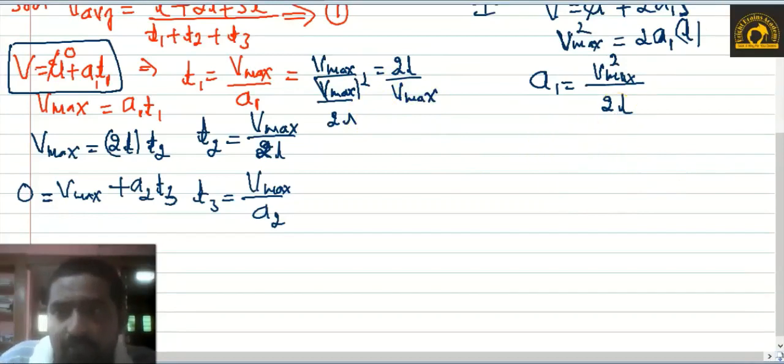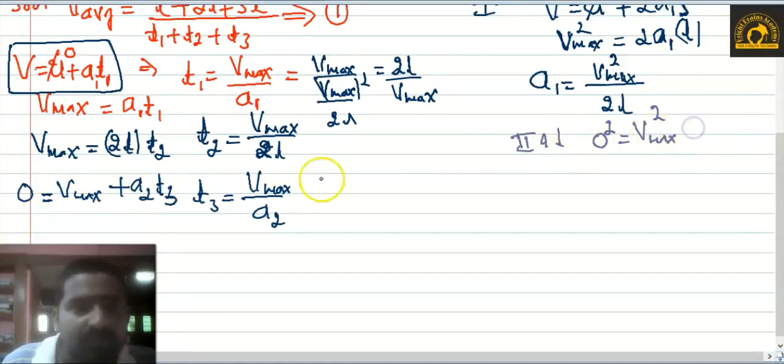Okay, then the second one. V square, the final is 0 square, is equal to the initial V maximum square minus, because it is retardation, 2 into A2 into the distance, which is 3L.